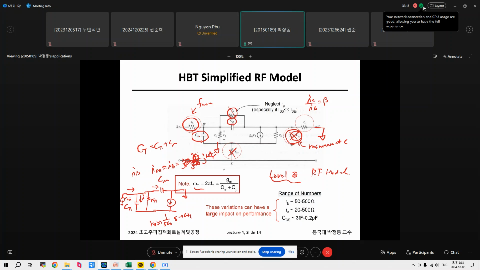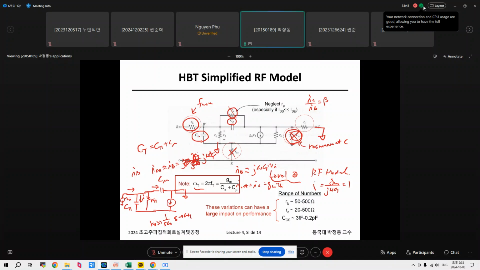I in is approximately J omega C total VI, and I out is IC equal to GM multiplied by VI. You just divide this by this, so GM divided by J omega CT equal 1.